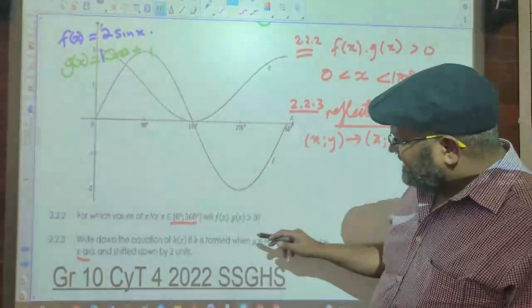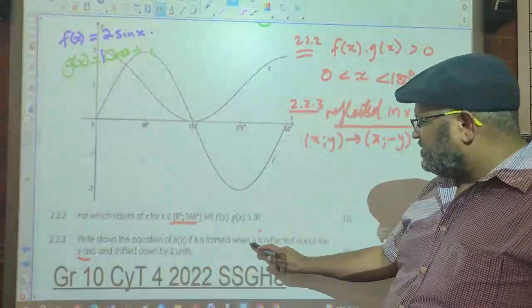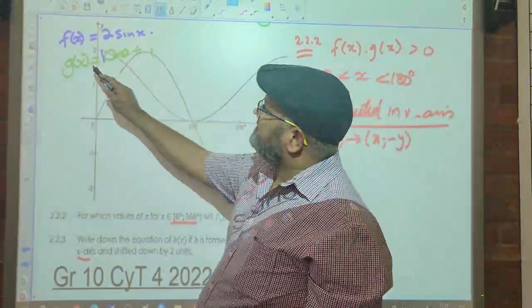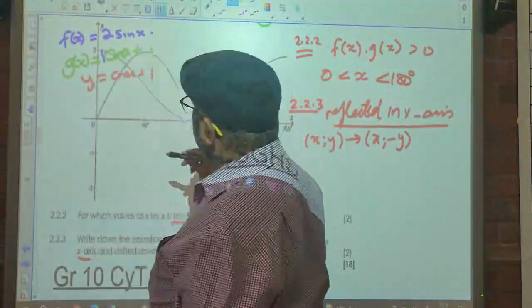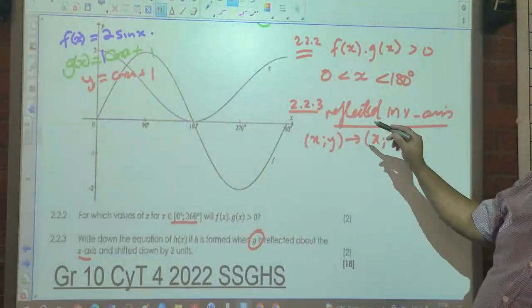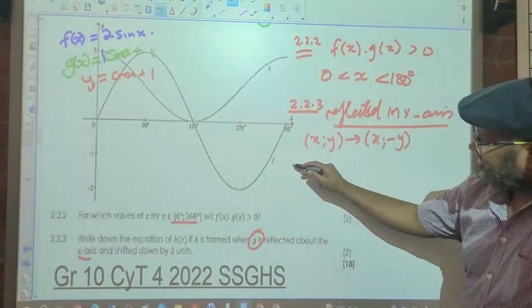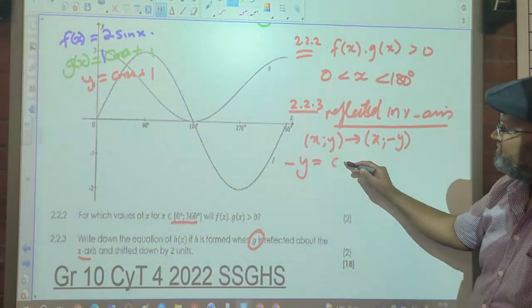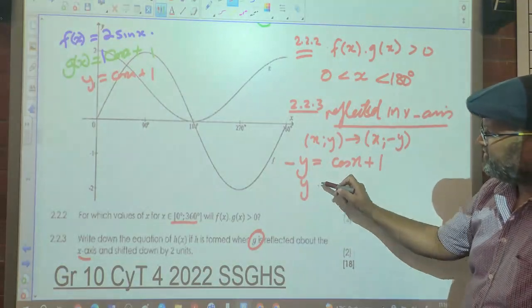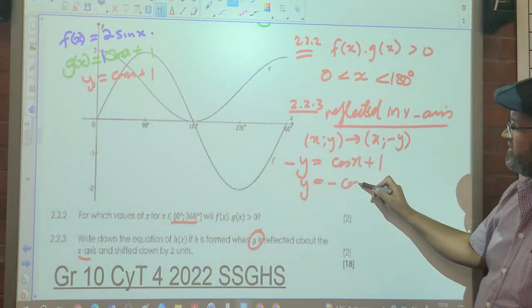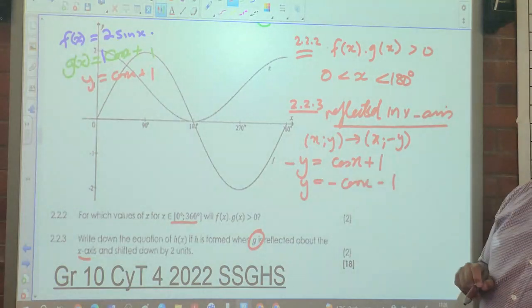So now if you're looking at the graph of g of x, what is the graph of g of x? That is y is equal to cos of x plus 1. Can you see that, people? So if y becomes negative, what do I write? Negative y is equal to cos x plus 1. So make that change there. So it's negative cos x minus 1.